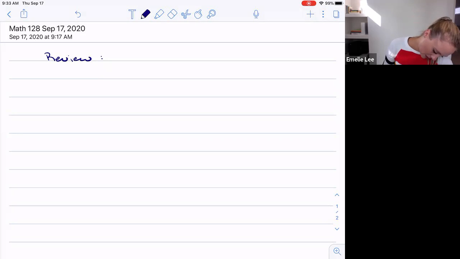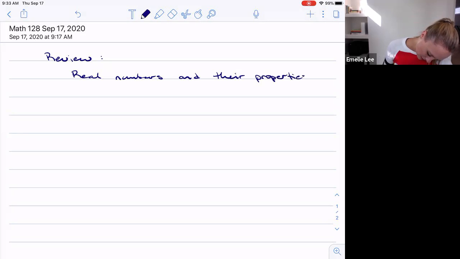We talked about real numbers and their properties, things like the associative properties or the commutative properties. We talked about negatives, how negatives behave, just a refresher on math in general. We talked about the distributive property, and we'll talk more about it in the next section. So don't worry, there will be more.